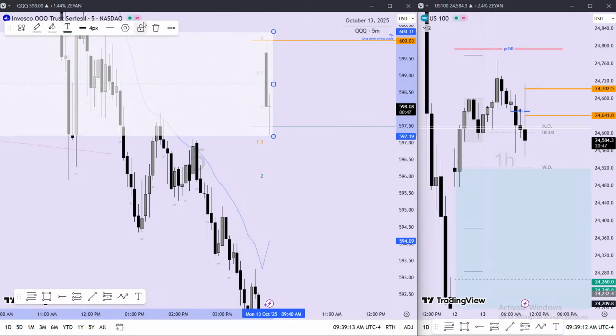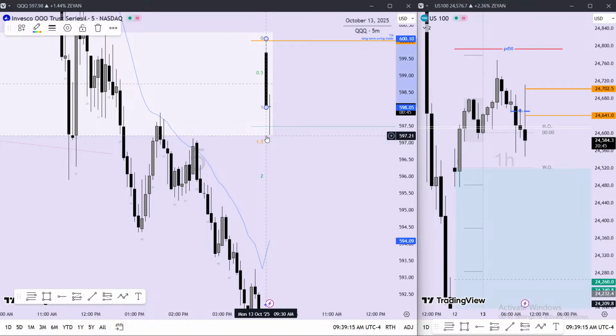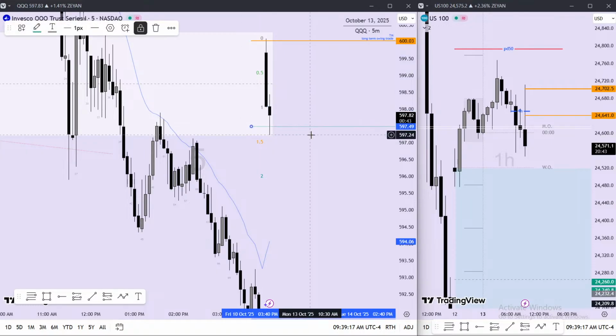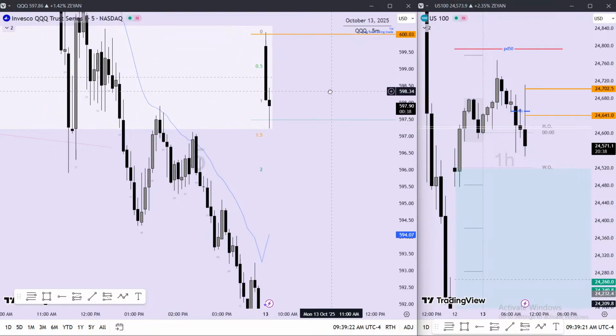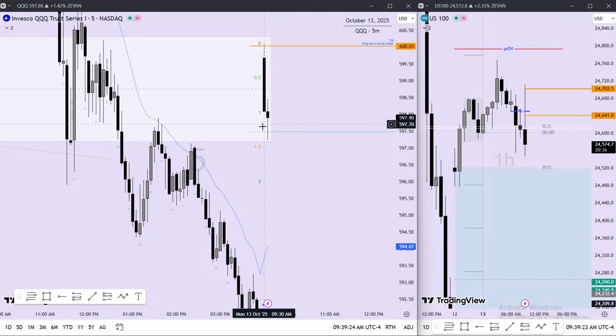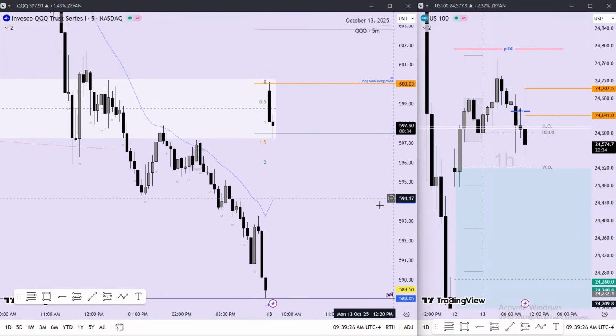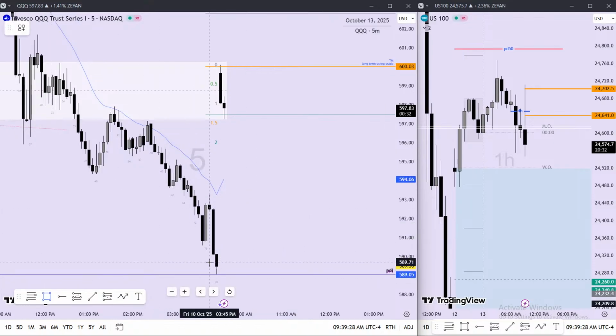Bulls want the price to stay within this range, above the 20 day period moving average and above this point. Bears want the price to move below this level and close the gap from yesterday.